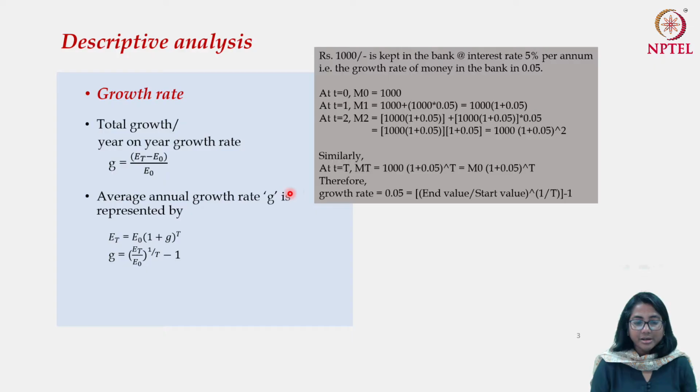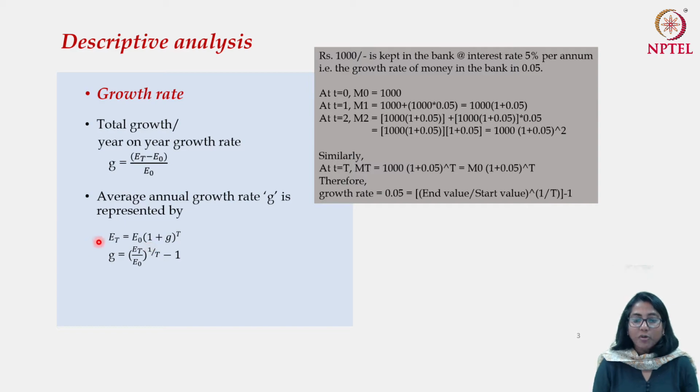If you come here, you see that is exactly what is happening. ET is the final amount of money that you are getting at the end of the term. E naught is your initial investment, which is 1000 in your example. 1 plus G is 1.05 here, and T is the number of years that you are keeping the money for.